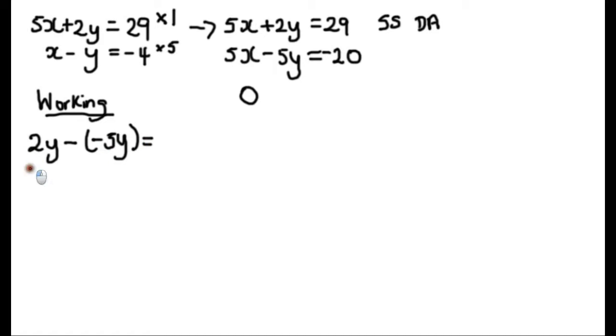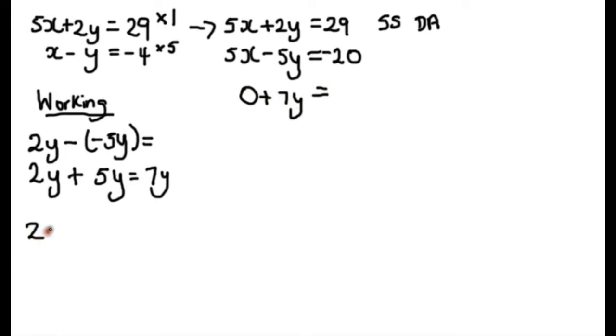So simplifying, you have 2y. Remember, brackets mean multiply. So when you have a negative multiplied by a negative, it's a positive. So that would be plus, when you bring these two together, 5y, equals 7y. So that's positive 7y. So you're going to write that back here. Equals, and then subtracting 29 minus negative 20.